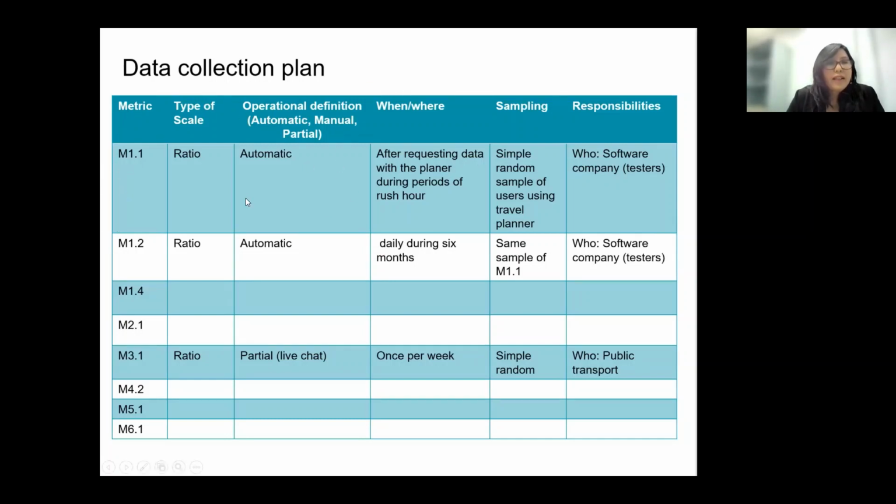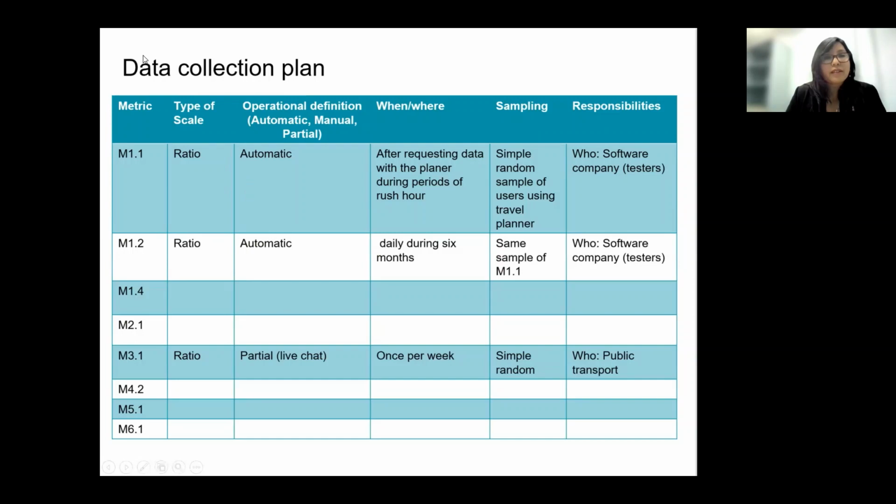As I say, the measurement plan includes all the metrics that we have, and for each metric we start describing what is the type of scale of the metric, how the measurement is performed. So it's automatic, manual, or partial.